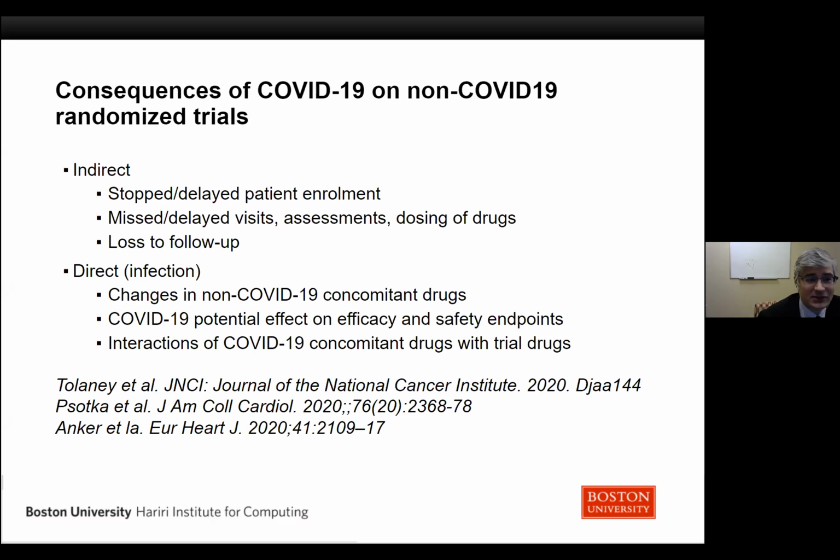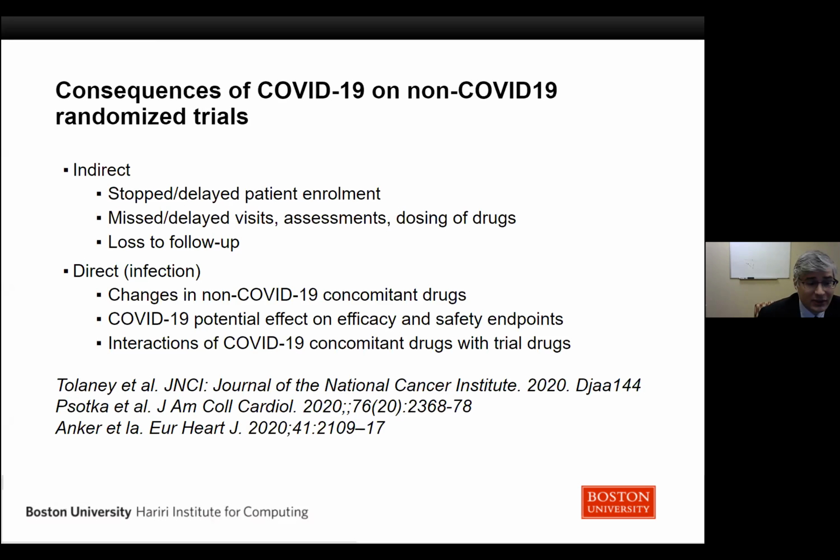But there are also consequences on the integrity of trials with indirect consequences, for example, with patient enrollment being stopped or delayed, patients missing visits, or patients withdrawing from the study.